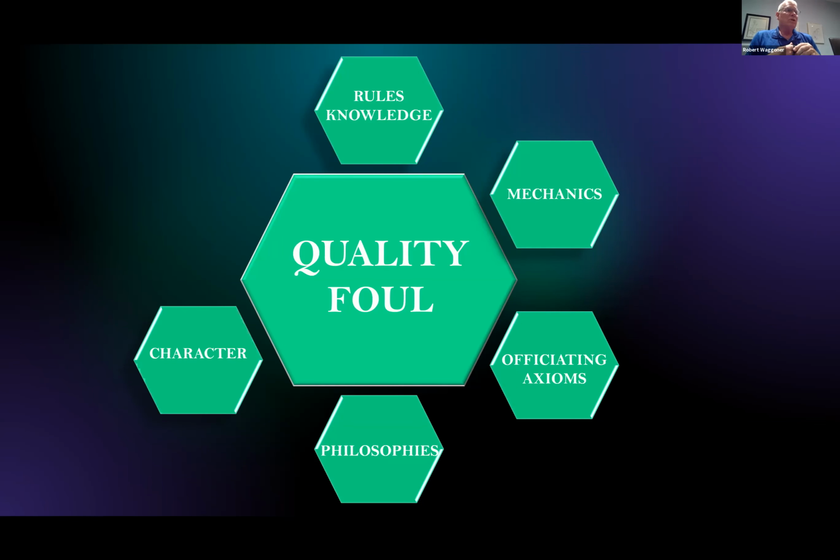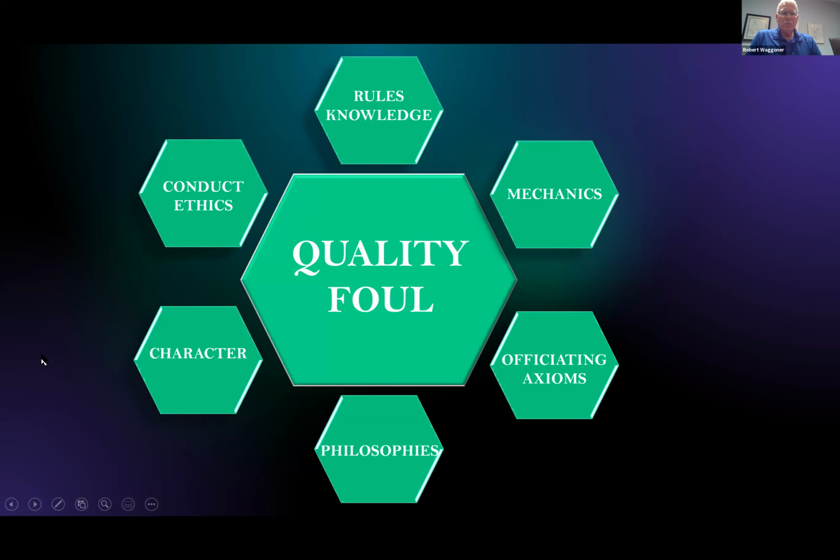Character. You wouldn't think that's a piece of the quality foul puzzle, but it certainly makes up a part of it. Character is how you carry yourself, how confident you are in what you're doing, what's your process. All that plays a role in how you're making that determination of what's a quality foul. And now your last piece is conduct ethics.